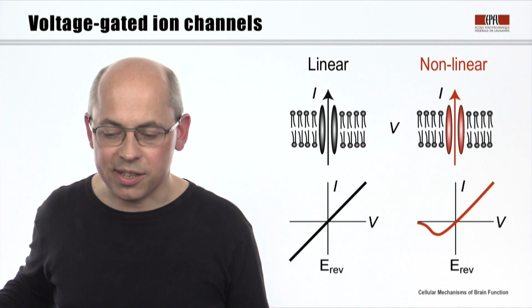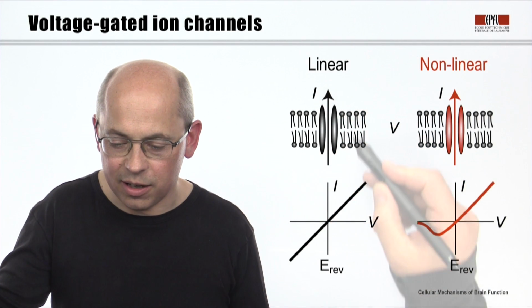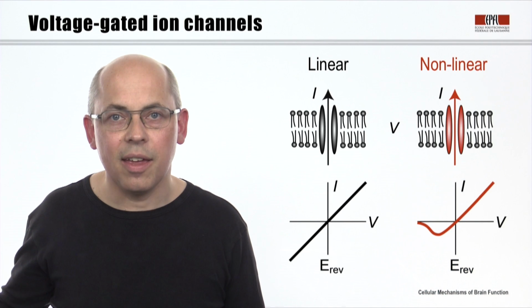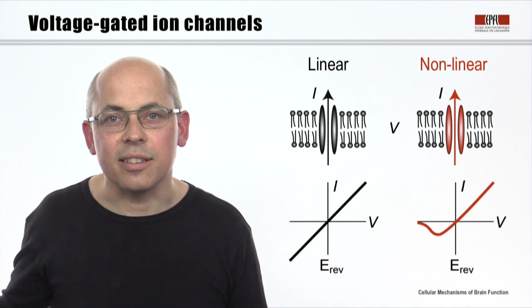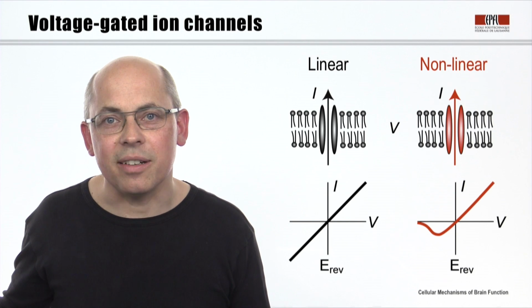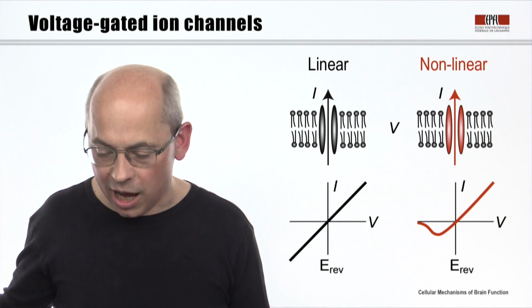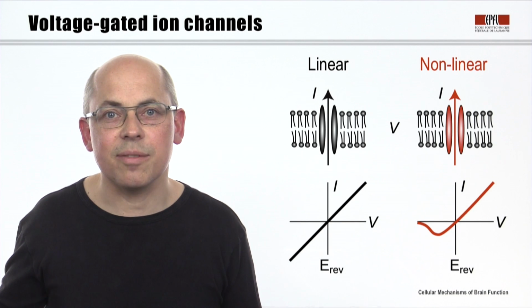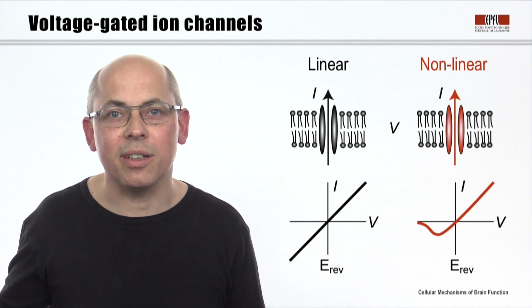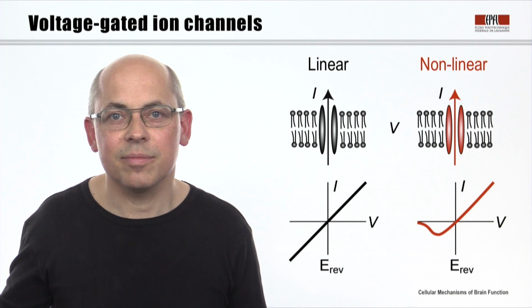Last week, we discussed linear channels. These are ion channels where the conductance is independent of the membrane potential, and this then allows us to plot linear current voltage relations, so-called ohmic conductances.